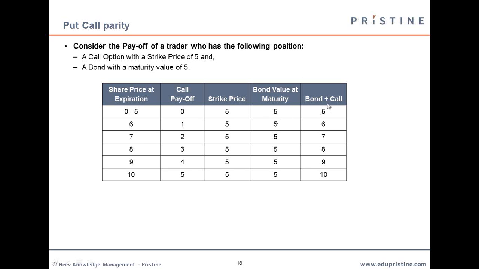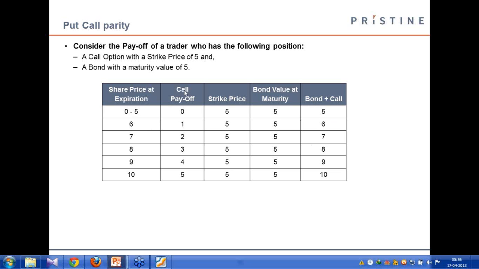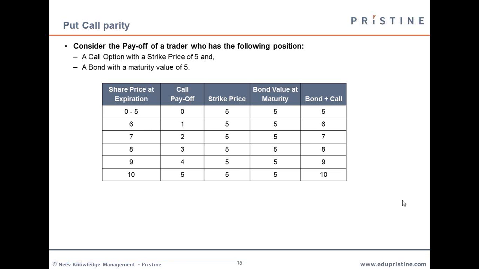So the net payoff that he gets will be 0 plus 5, which will be 5. For the values which are greater than 5, he'll get some payoff from the call plus the constant 5 from the bond. So the net payoff is as shown: 5, 6, 7, 8, 9, 10.